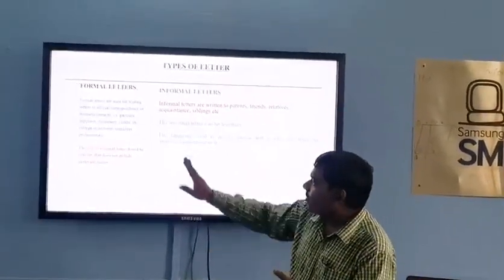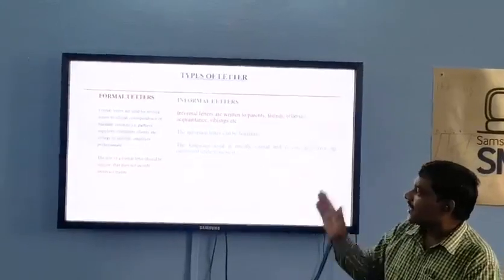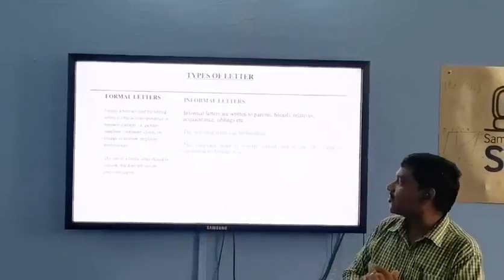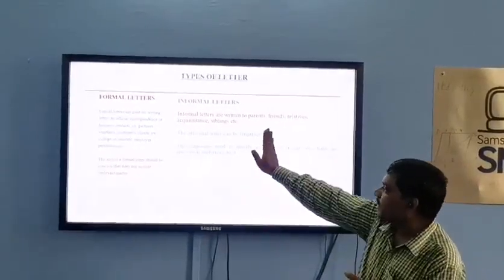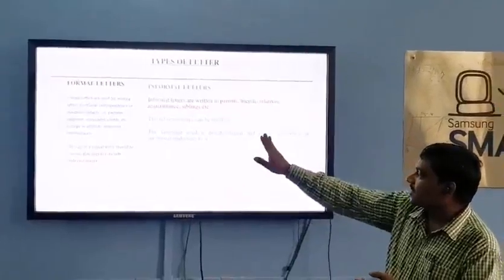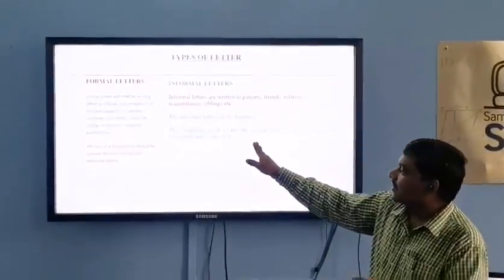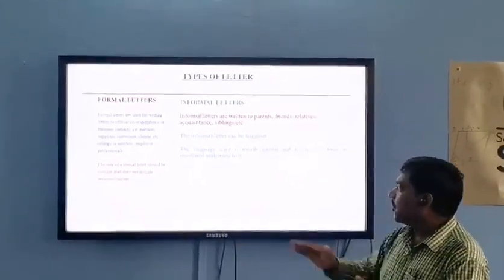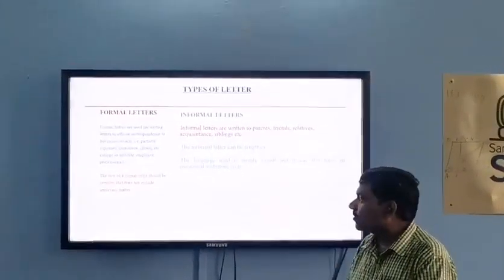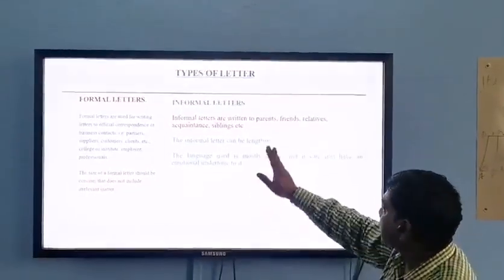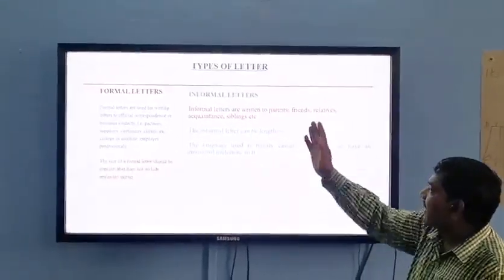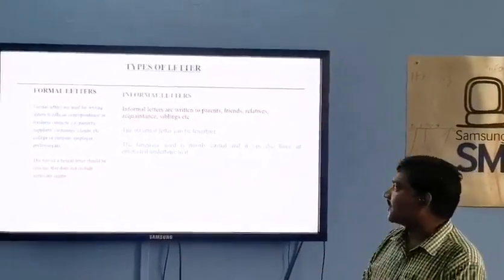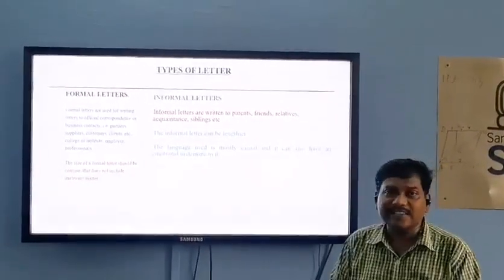Formal letters are used for writing official correspondence or business contacts, such as partners, suppliers, customers, clients, or college officials, the institute, the employer, or professionals. On the other hand, informal letters are written to parents, friends, relatives, acquaintances, siblings, etc.